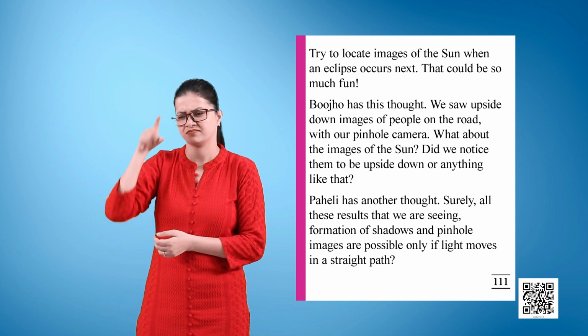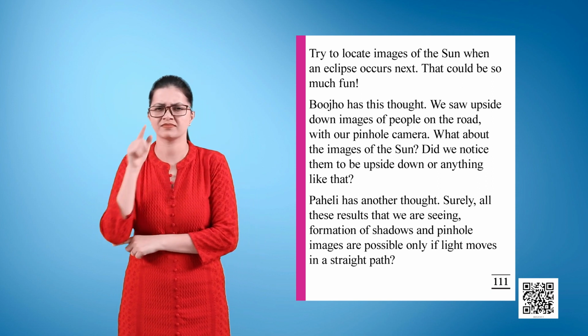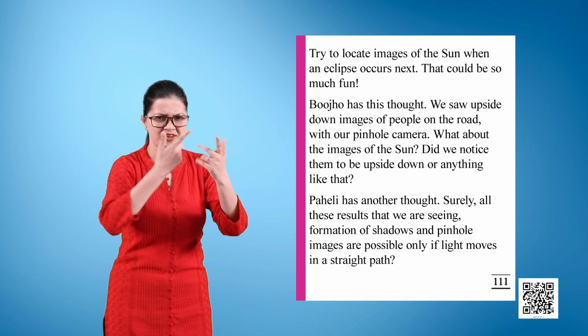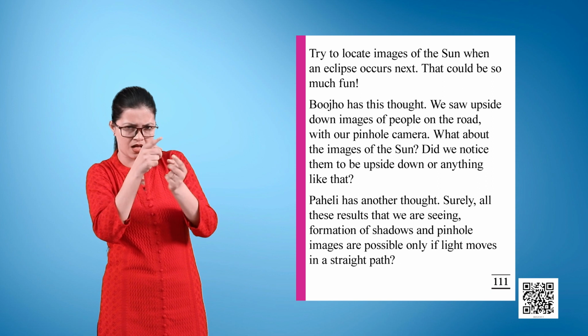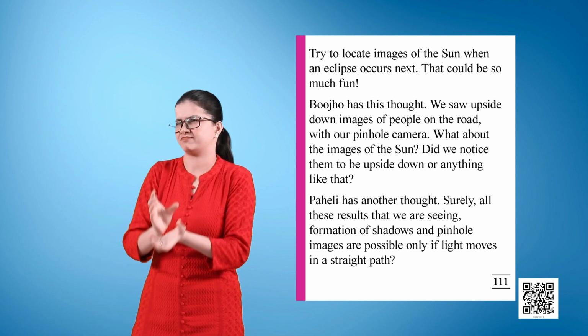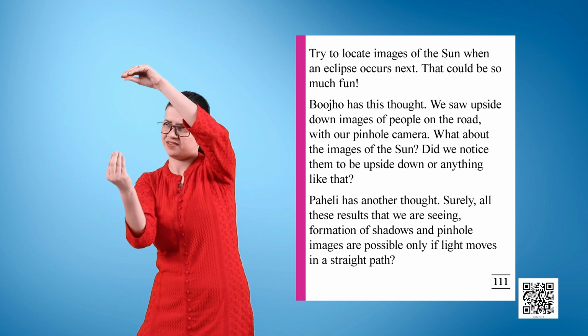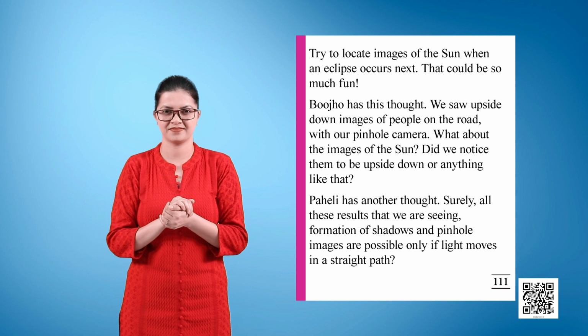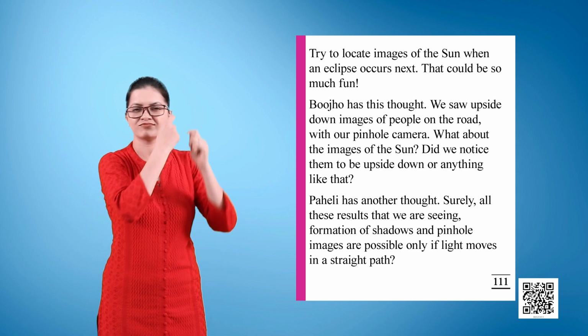Bujo has this thought. We saw upside down images of people on the road with our pinhole camera. What about the images of the sun? Did we notice them to be upside down or anything like that? Paheli has another thought.